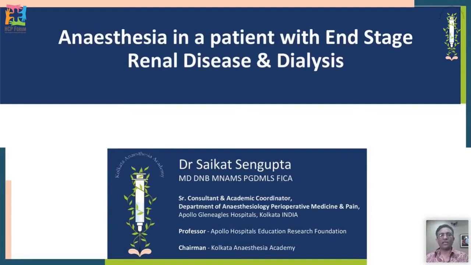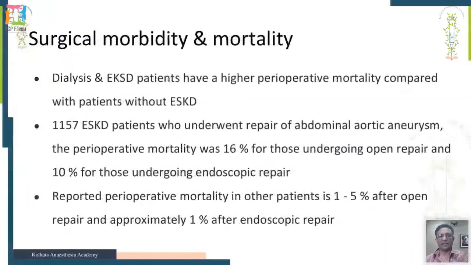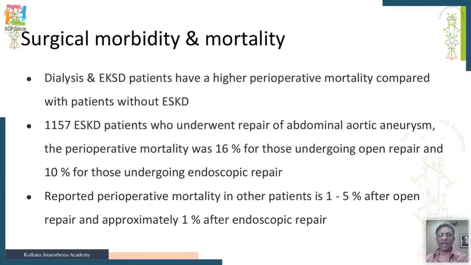All right, so this is about anesthesia in a patient with end-stage renal disease and dialysis. We know, and I think this is needless to say, that somebody who has end-stage kidney disease, who is on dialysis and undergoing a surgical procedure, has much more perioperative mortality and morbidity than one who did not have ESKD.